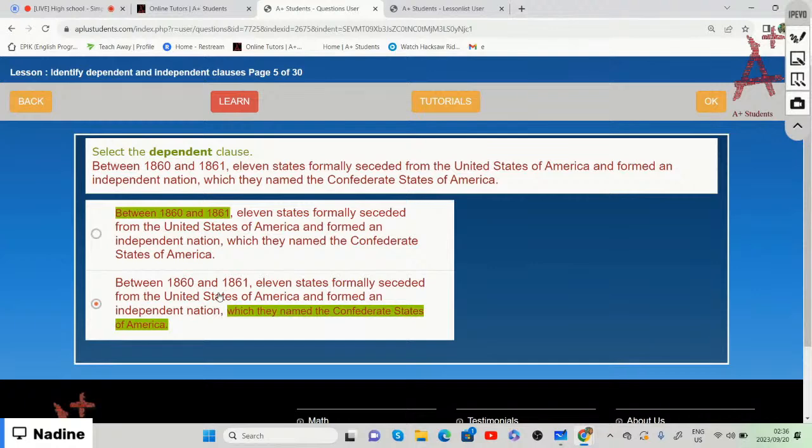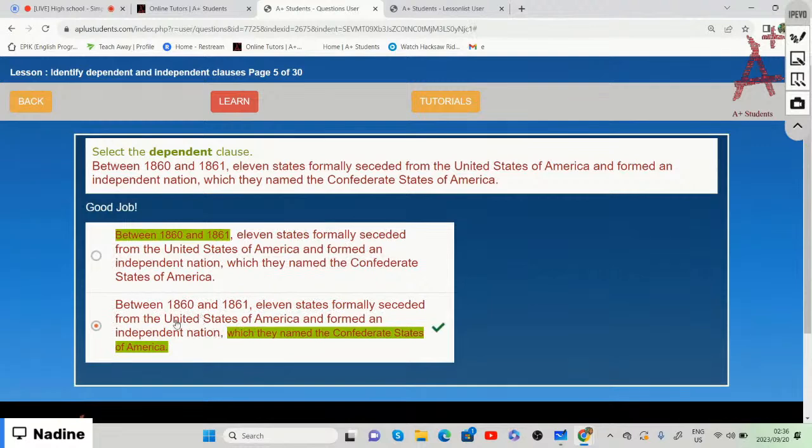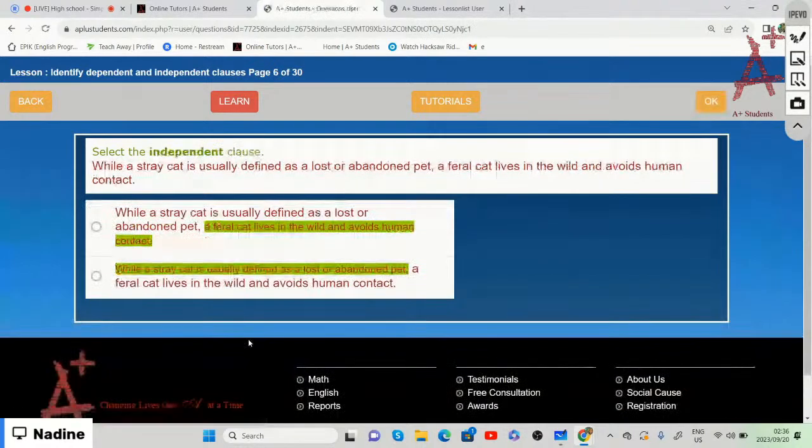And there we have a subordinating conjunction even.